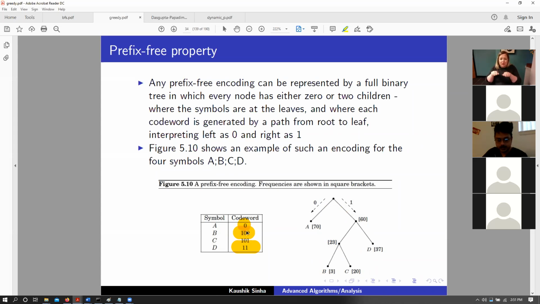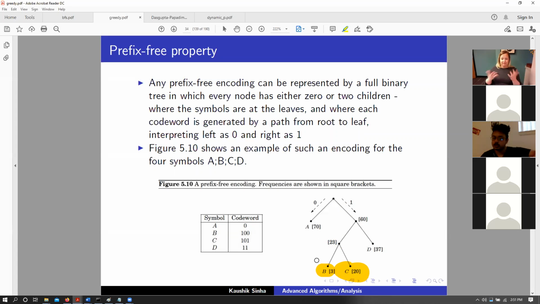Now note again that Huffman encoding also uses this frequency information to represent the most frequent note with as few bits as possible. So in this scenario, the most frequent note was A, so it just uses 1 bit to represent this. On the other hand, B and C had very few frequencies. B had a frequency of 3, whereas C had a frequency of 20.